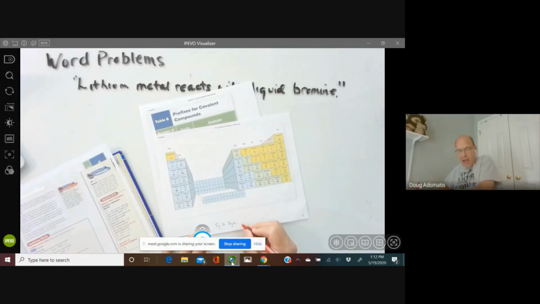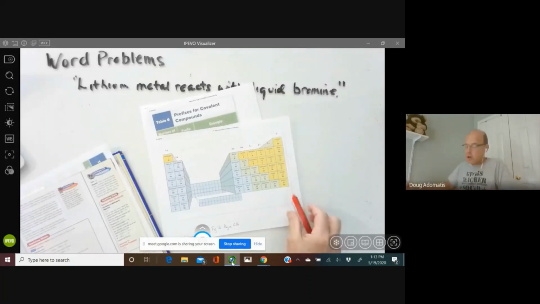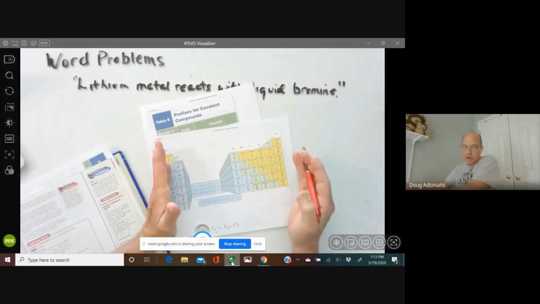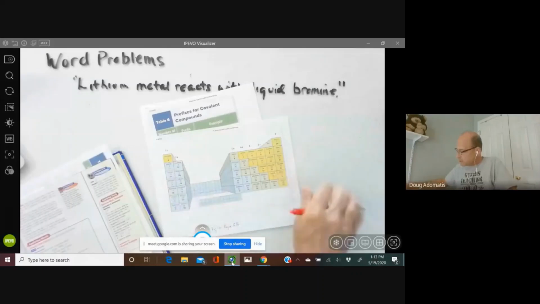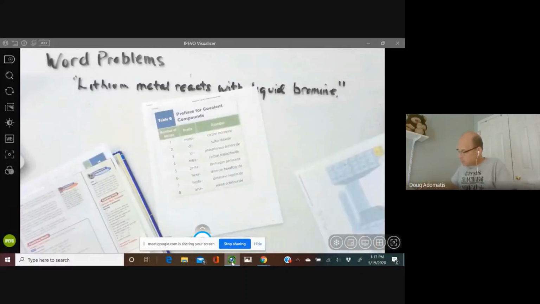Page 616. I only have so many of these textbooks, and if you guys take them, I can't get any more textbooks. Okay, page 616 is the table, this kind of scrunched up periodic table, where you've got the oxidation numbers. You're going to need that.